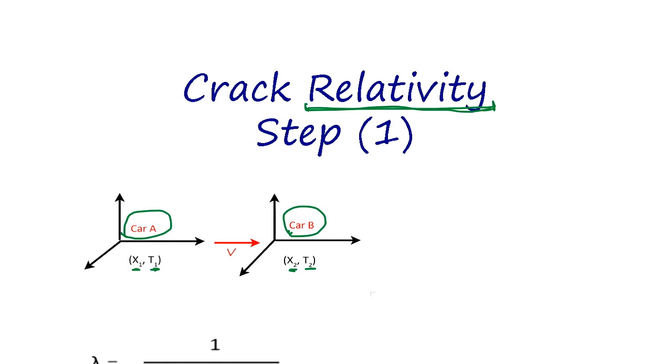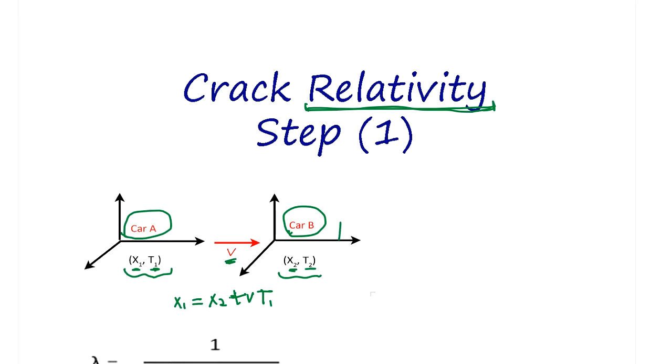Okay, so what has been changed in the relativity from the classical physics, meaning Newton's, is this. When car B is moving at the speed v, in Newton's physics it doesn't matter whether you use this coordinate or this coordinate, because x1 is going to be x2 plus vt1.